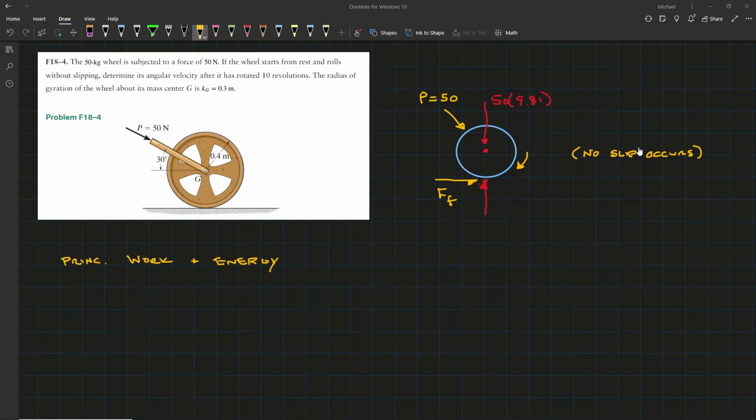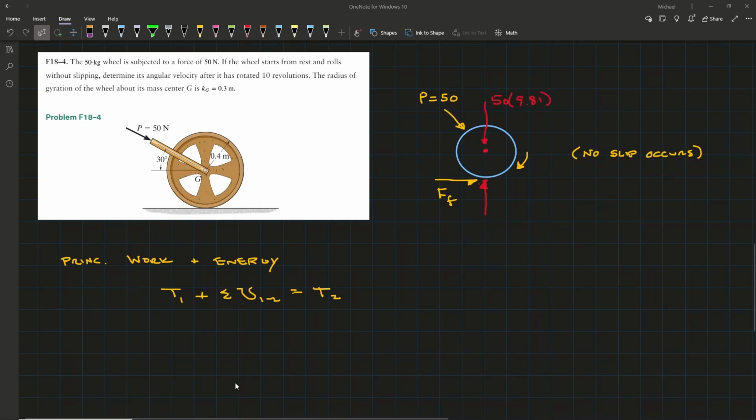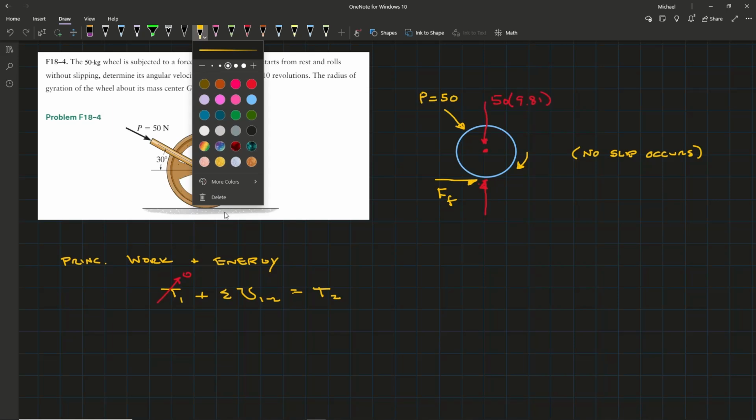Let's use our principle of work and energy. We're going to have an initial kinetic energy, our summation of work from 1 to 2 equals our final kinetic energy. Okay, our initial kinetic energy is 0 since we start from rest, which means we just have to figure out what the work is here. Our final kinetic energy is, well, we'll put that in a second.